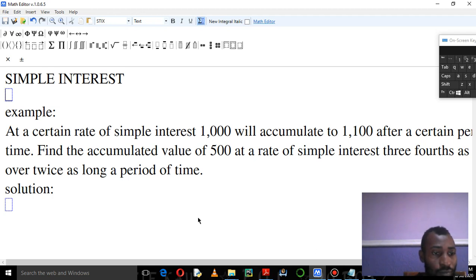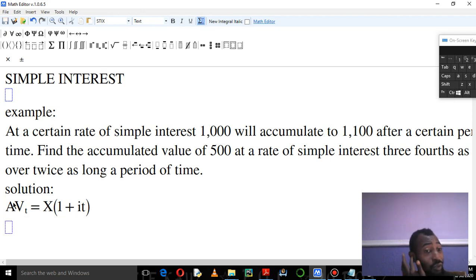I'm sorry. So we know for simple interest, capital A V subscript T is equal to capital X into brackets 1 plus IT. So now for the first part of the question, our AVT is 1100, because it will accumulate to 1100.